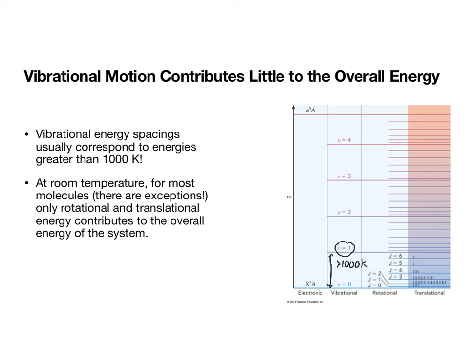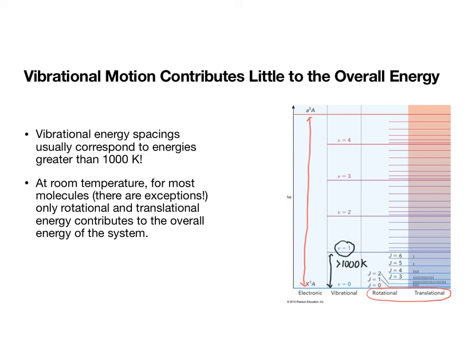And electronic levels are even bigger. And so electronic levels really don't contribute to that energy. And so that means that most of the important degrees of freedom are going to be rotational and translational. Now, there are exceptions to this.